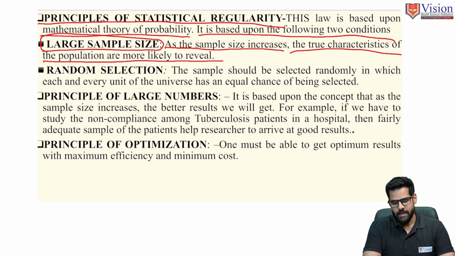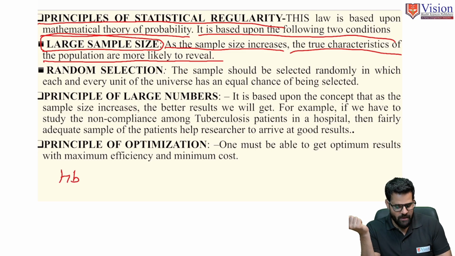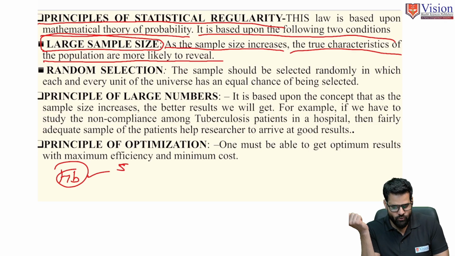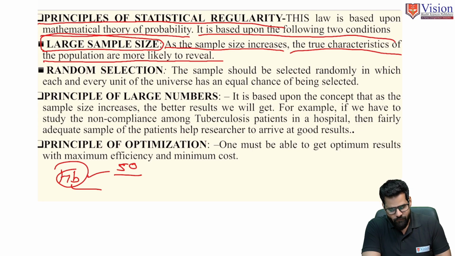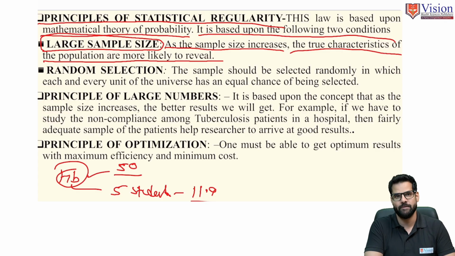What I am saying is, suppose you wanted to know the hemoglobin in a specific class, where you assume there are 50 students, and if you have taken data from 5 students, and let's assume the hemoglobin is around 11.9 for these 5 students.